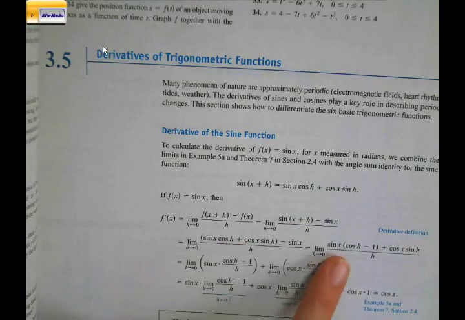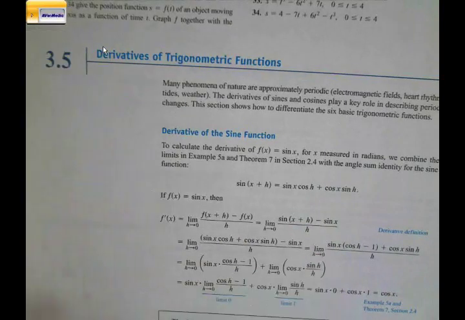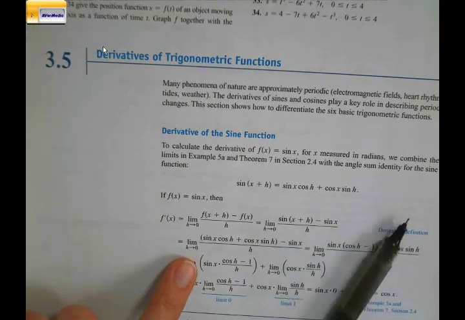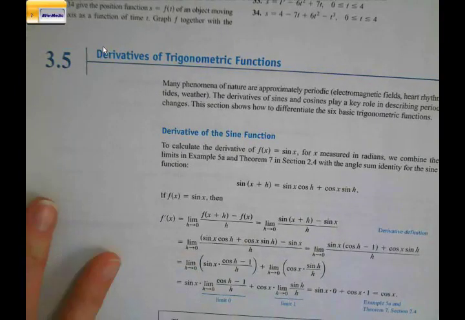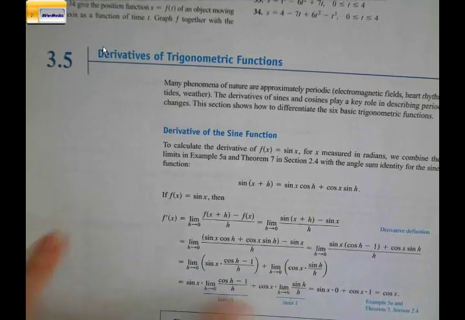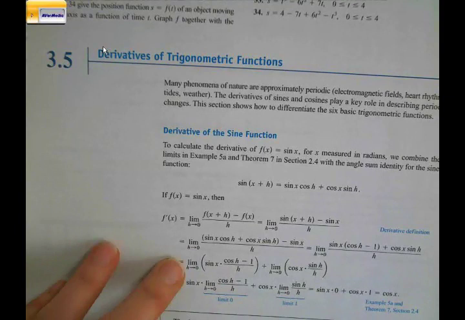Okay, and then they factor out sine of x. Okay, and then they split it. They take the first half of the fraction and the second half of the fraction using their limit laws. And then coming down here, we know the limit of this is 1. I think somewhere in the book there was a limit of 0 as a formula. And then they come up with cosine x.